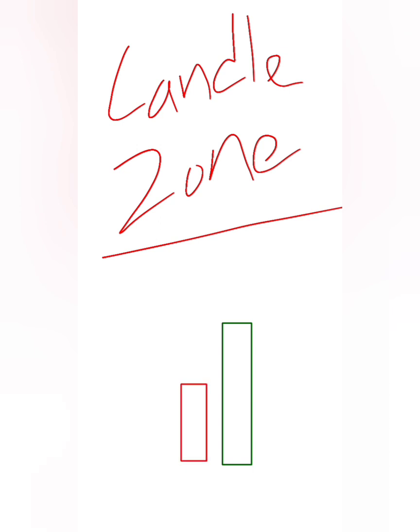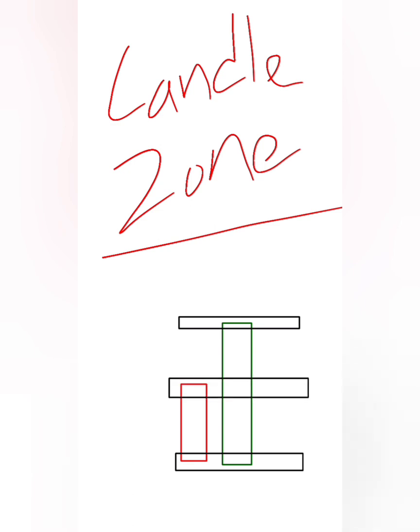Now, in the engulfing candle, you will have a zone at the upper area of the body, the lower area, and the middle part. You just cut the whole engulfing candle into half, and then the middle part will be the middle zone.